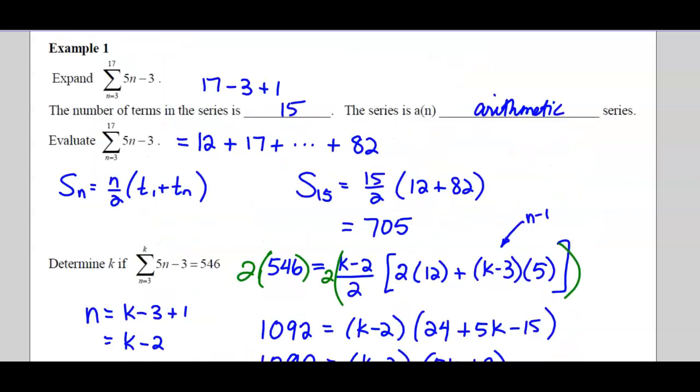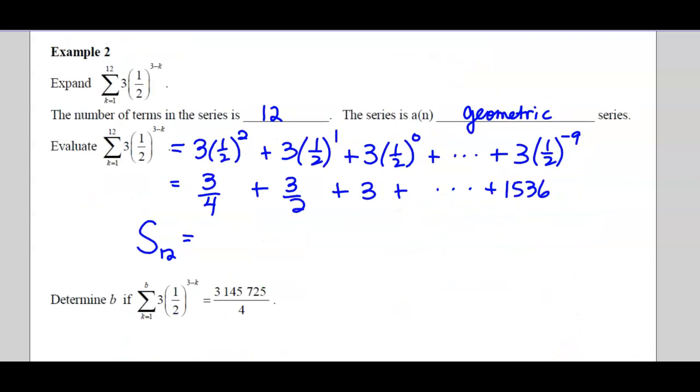So, common ratio. I should put that over here actually. So here the common ratio is 2. I'm going to use Sn equals r times tn minus t1 over r minus 1.